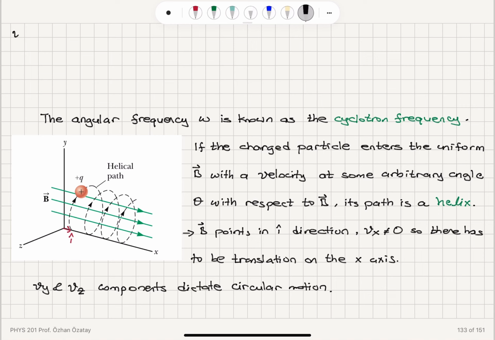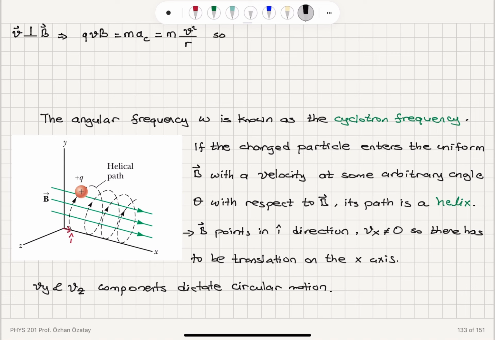If the velocity is perpendicular to the magnetic field, then we will have the magnetic force qvB, because sine 90 is 1, and this will be equal to mass times the centripetal acceleration, which is mass times the speed v squared divided by r, the radius of the circle.